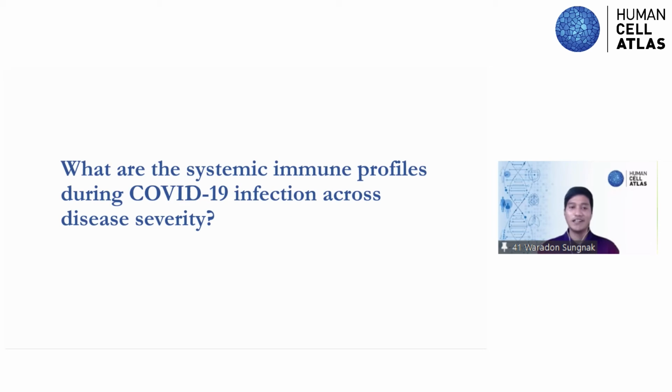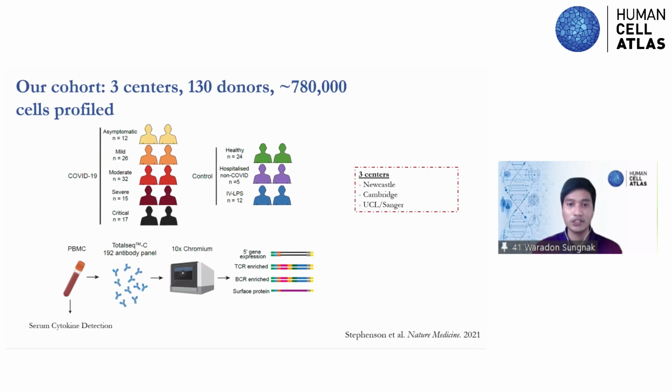And of course, after the disease became pandemic, then we actually got our hands on the actual infected samples. And that was when we started to be able to profile systemic immune cells, at first in the blood.